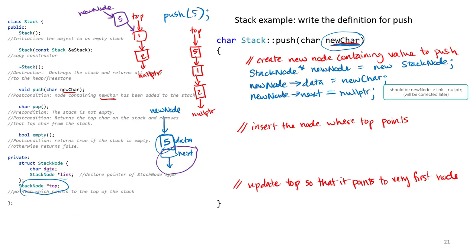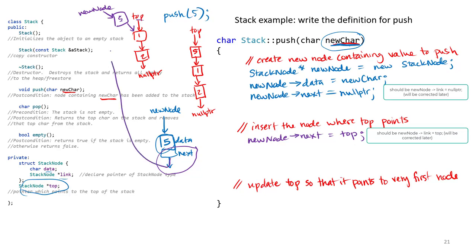So where do I need to make my next pointer point so that I will insert my node where top points? Well, in this case, I need to make the next pointer where new node points point where top points. So this will take my next pointer and connect it where top points.